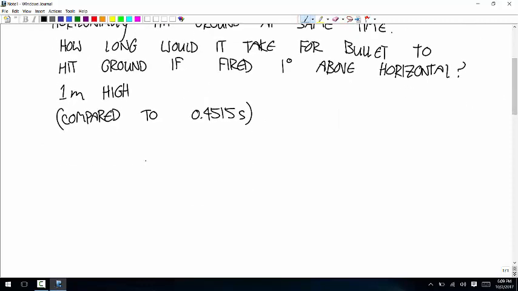Okay, so this time the bullet still fired from that Wild West 6-shooter. But this time it makes an angle of 1 degree above horizontal. And the speed is 500 meters per second.